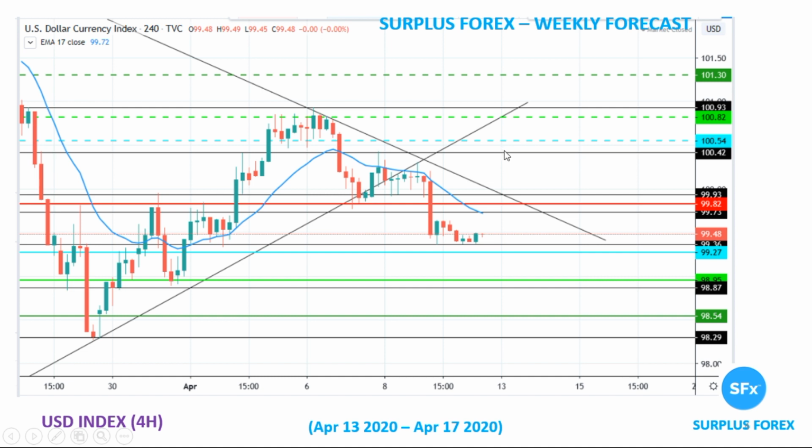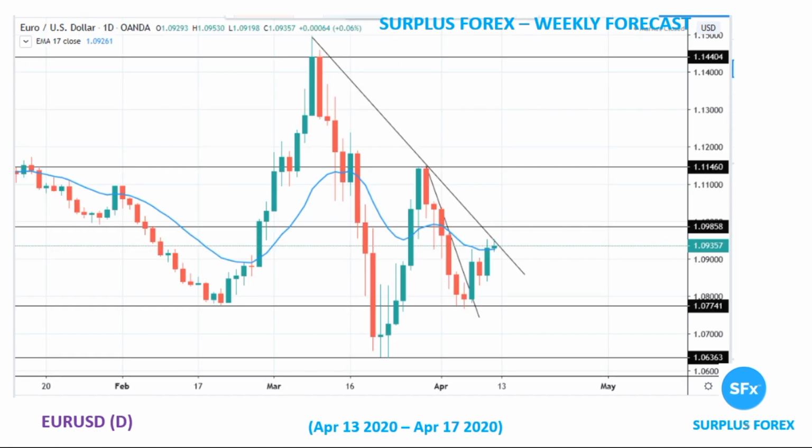Once again, on USD index, if it crosses 100.42, then I'm keeping my entry at 100.54 with the first target at 100.82, second target at 101.30. My bias for USD index will be mixed to bearish, and I'll be open both ways for all the pairs regarding USD.